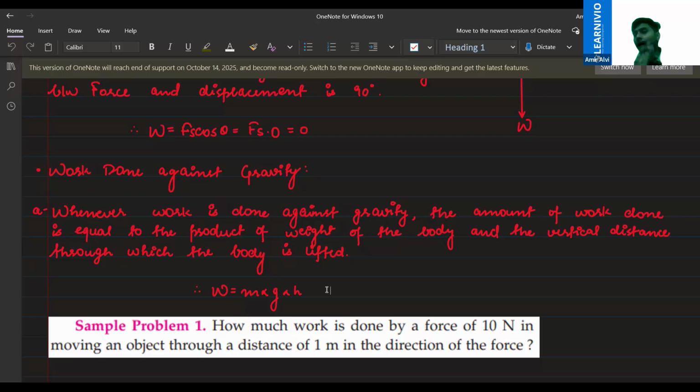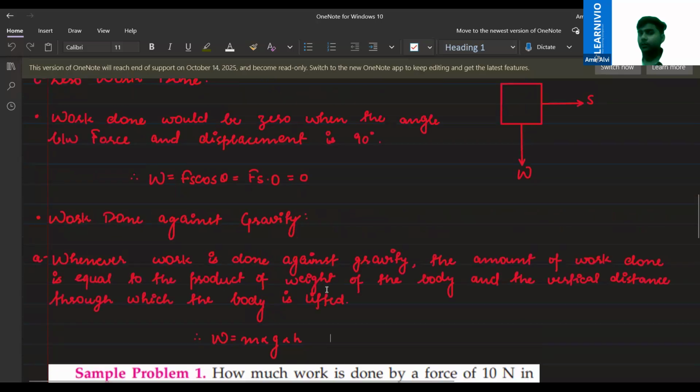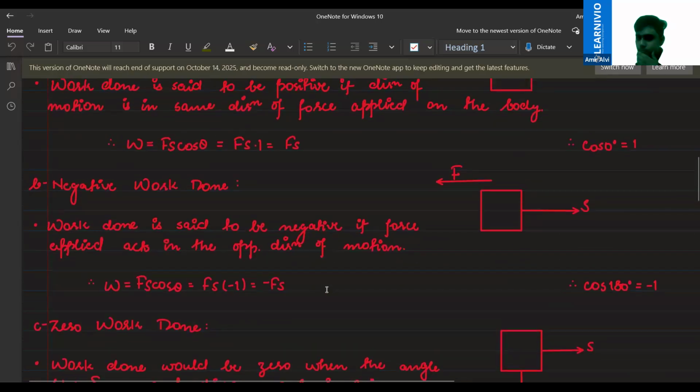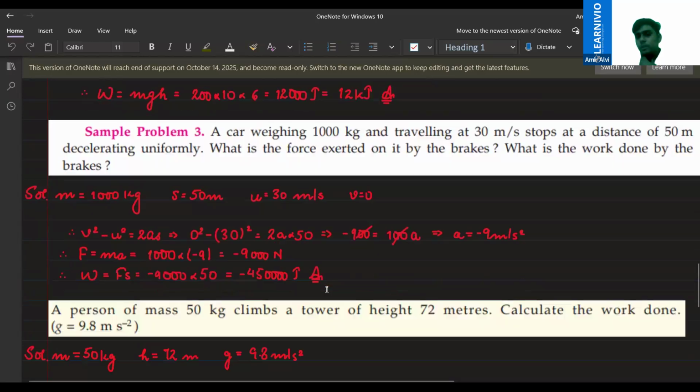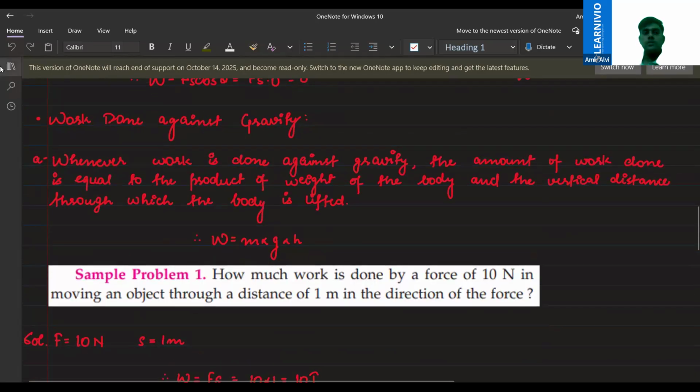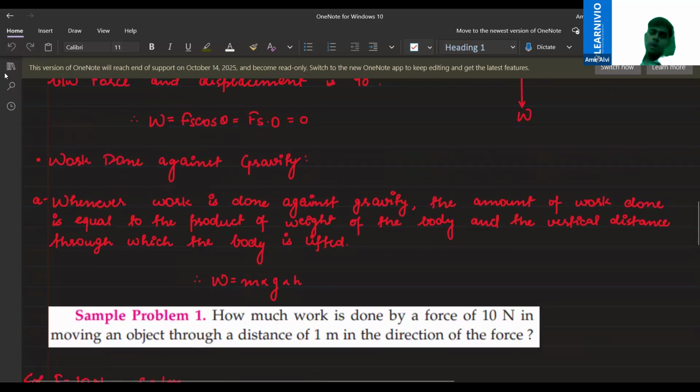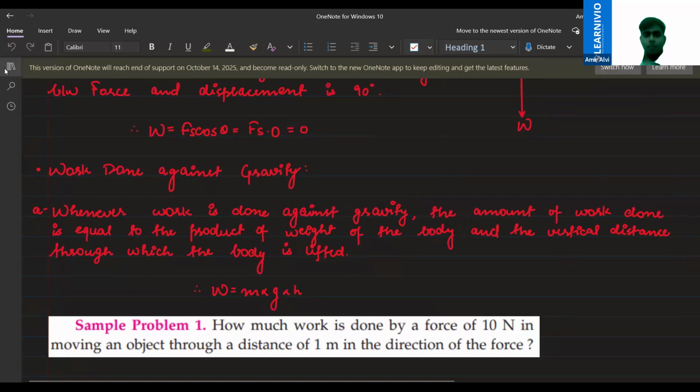So you just have to substitute the value of cos 30 as root 3 by 2, and the final answer would be that. Okay, so these are the questions; we'll discuss them as well. So only the work done part is there? Yes, sir, only the work done part.